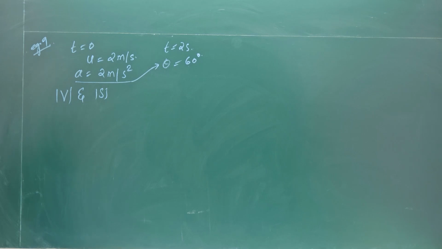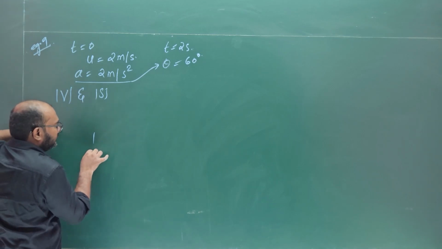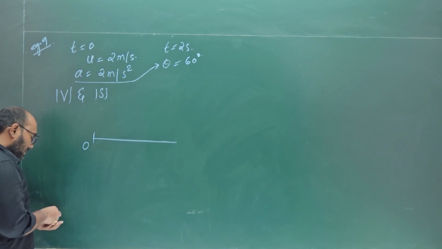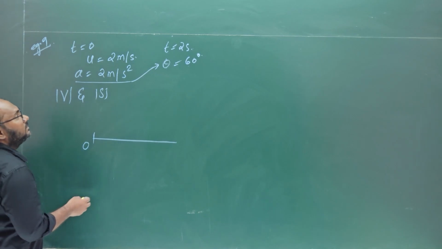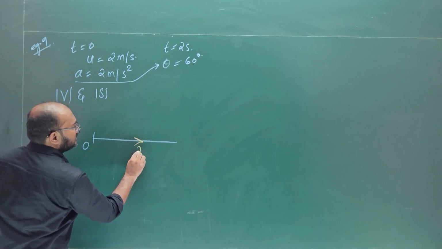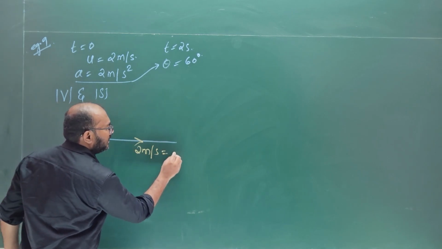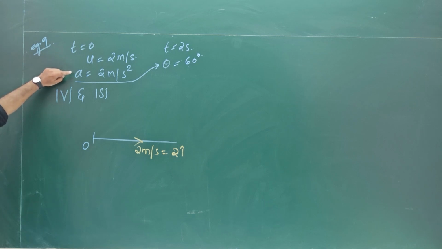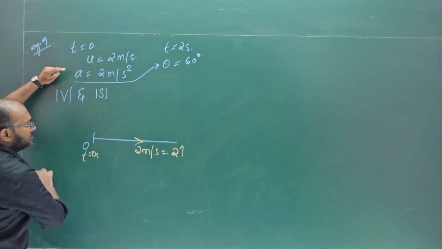Okay. Stop writing and just listen to me now. What is given now? At t equals 0, initial velocity is 2 meter per second. Let the particle be at this point. Let this be the origin. And velocity is along the x-axis, that is 2 meter per second. And can I write this as 2i cap? Then this is happening at t equals 0 seconds.